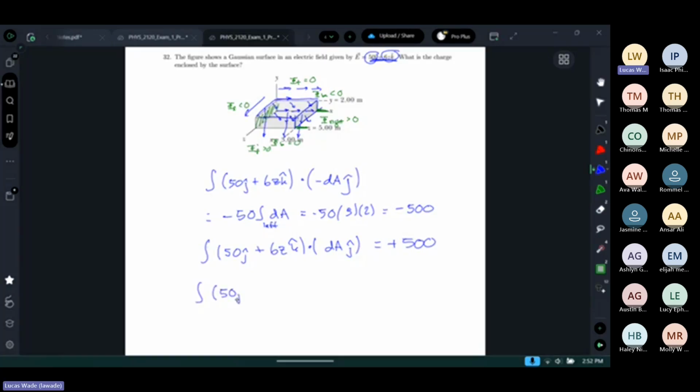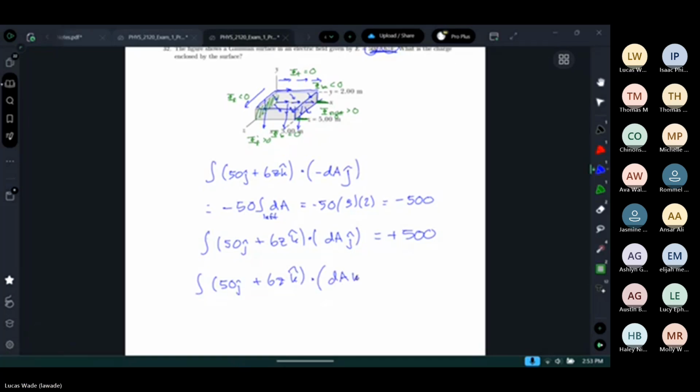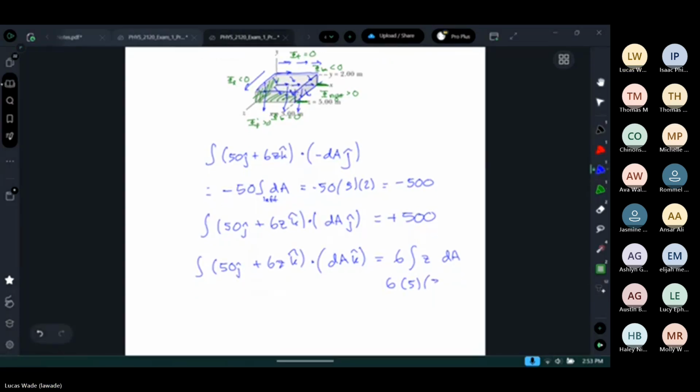Front face is k hat. And so that's 6 integral z dA. And on the front face, z is equal to 5. So this is 6 times 5 times the area of the front, which is this face, and it is 3/2 instead of 5/2.